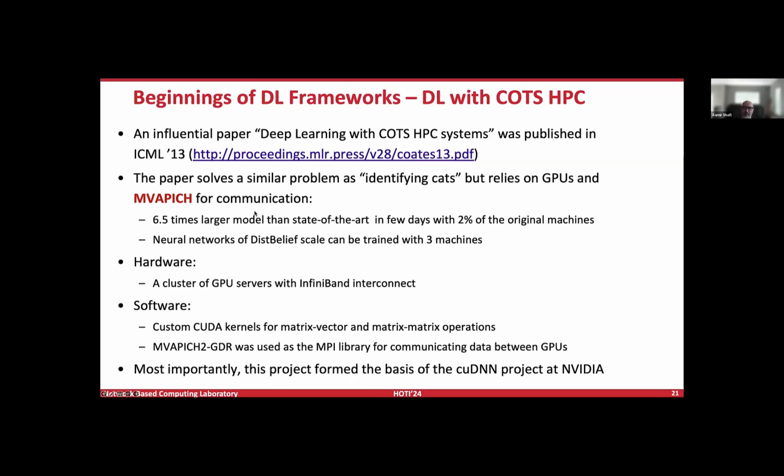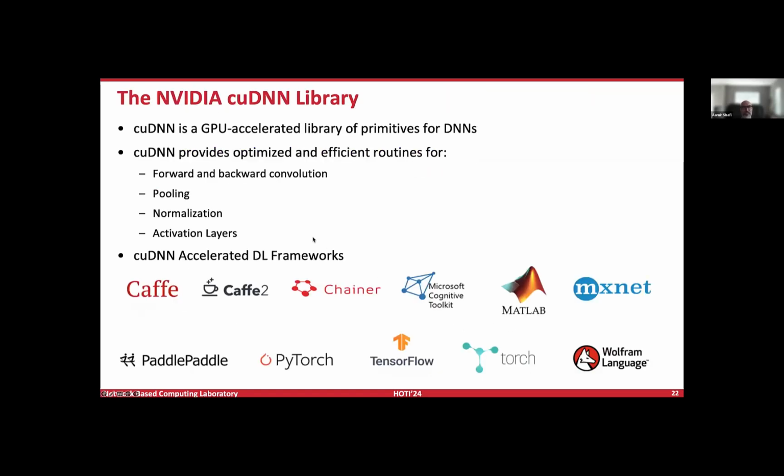The reason I'm bringing this up is that this paper and project eventually formed the basis of what is now called the cuDNN project at NVIDIA. The cuDNN project is essentially a GPU-accelerated library of primitives for DNNs. DNNs we'll cover in the next section; they comprise many compute routines like convolution, pooling, and normalization. At the end of the day, these all boil down to matrix operations.